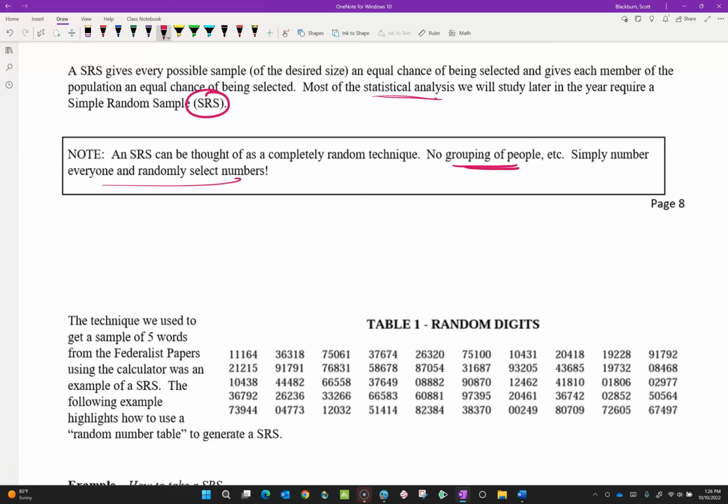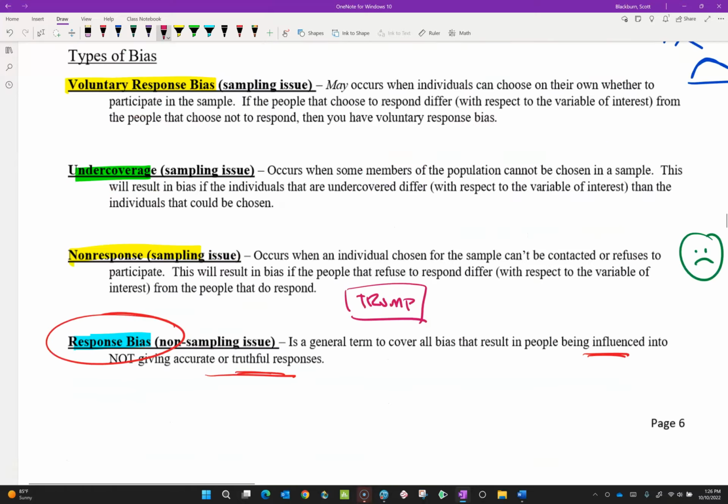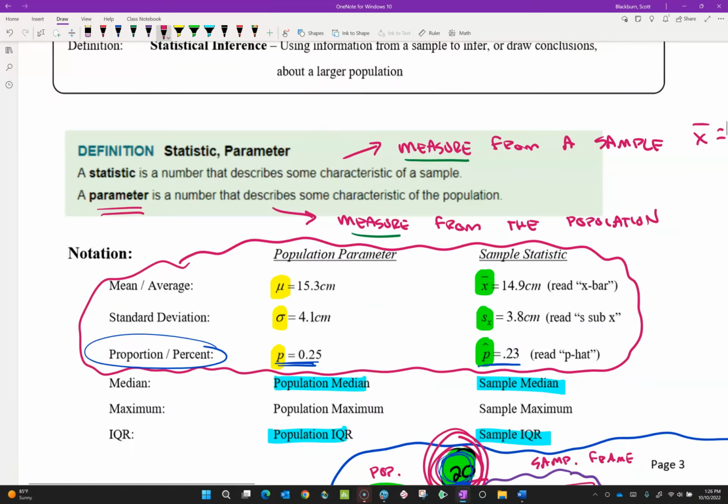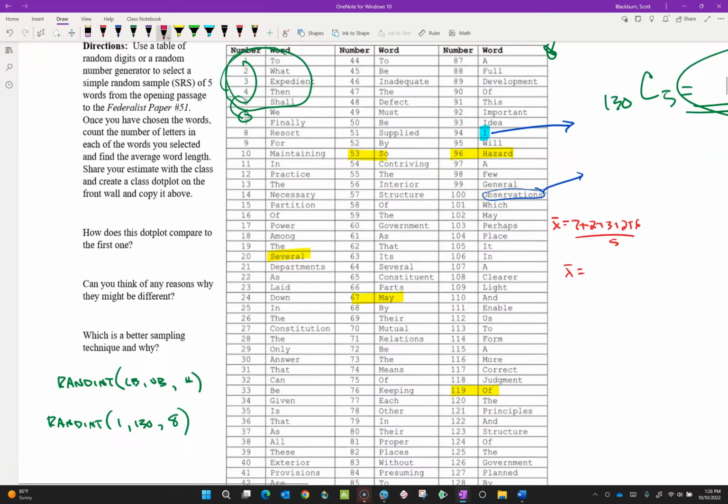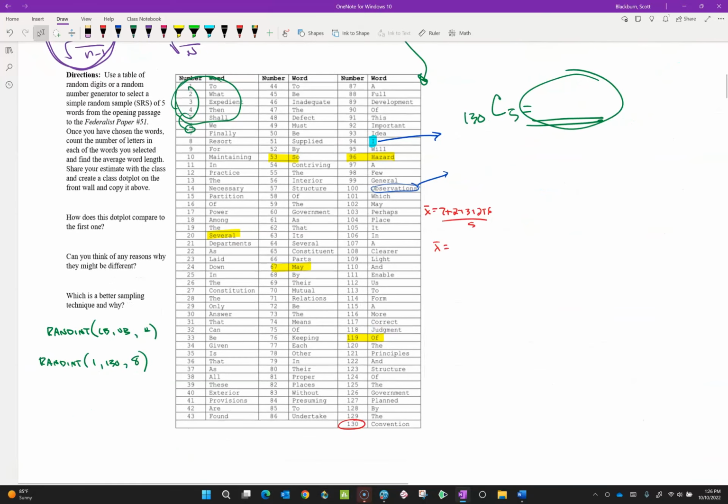Because why? We can finally talk about why. So first of all, if we randomly select 5 numbers, does every word have an equally likely chance of being selected? Yes. Every word has an equally likely chance of being selected. Is that what makes it an SRS?